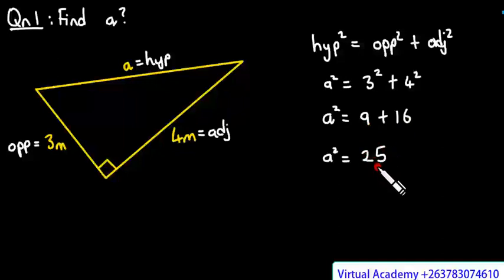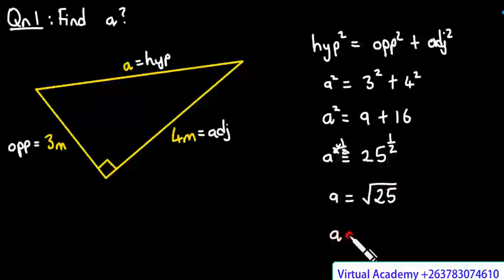So to get rid of this power 2, I multiply by power half on both sides. So I'll multiply by power half here, then also multiply by power half here. So 2 and 2 here will cancel, then I'll be left with A is equals to 25 to the power half. So using the laws of a fractional power, 25 to the power half is the same as saying square root of what? Of 25.